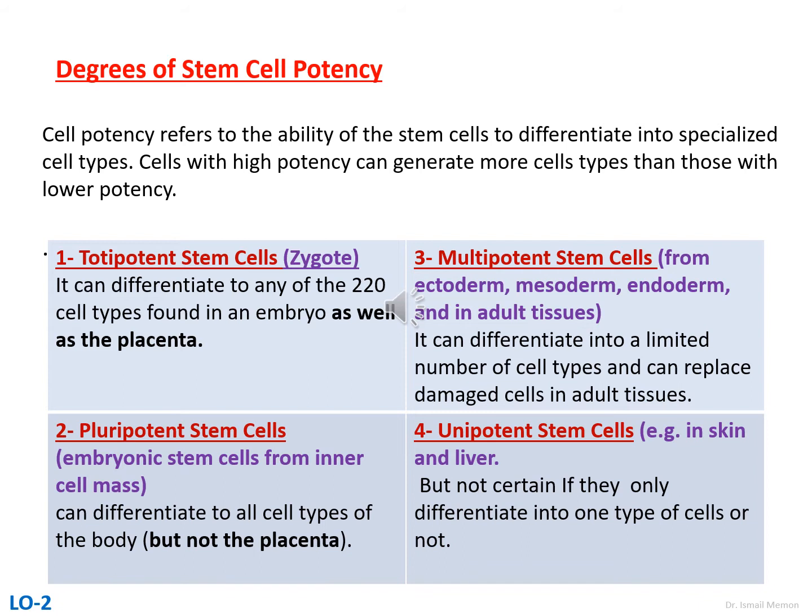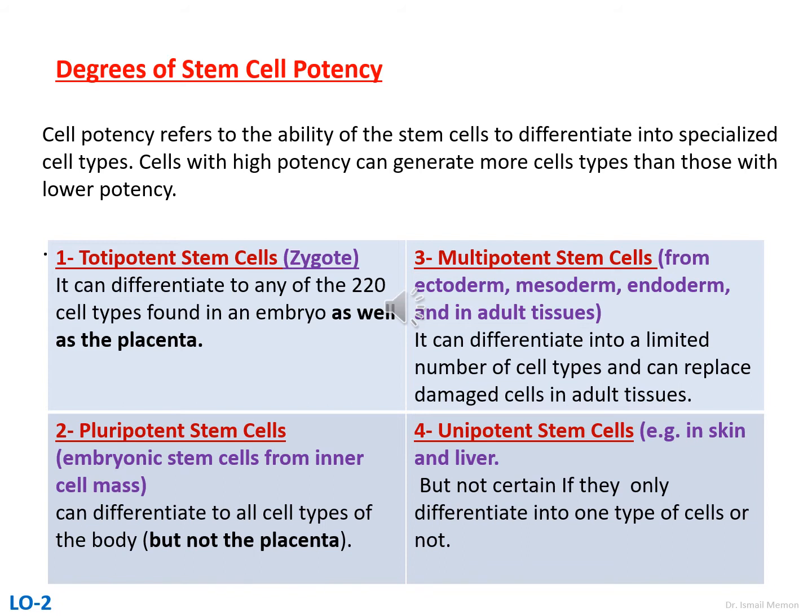So that is totipotent. The second is the pluripotent, which just a few slides back I mentioned to you. These are embryonic stem cells, derived from the inner cell mass, and can differentiate into all the cell types of the body but not the placenta.